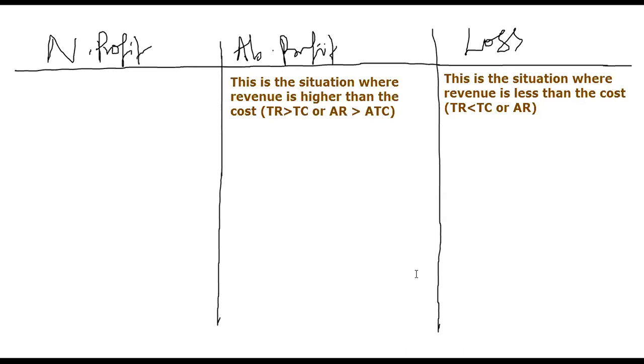Now we are going to draw the diagram. To draw the diagram, some steps are there. Those steps will never be tested in the paper. They won't ask what the steps of drawing the abnormal profit diagram are. They can ask you to draw the abnormal profit diagram. If I tell you the steps, you can follow the same steps for all three: normal profit, abnormal profit, loss.